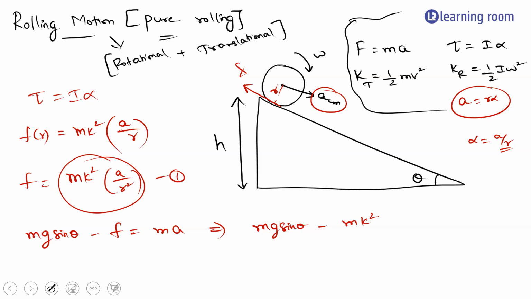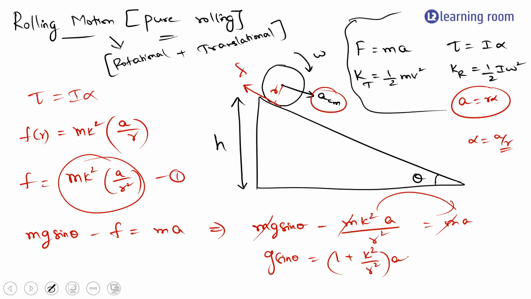It is mk square into a divided by R square, is equal to ma. So F is lost. This I can take to the other side. So g sin theta will be equal to 1 plus k square divided by R square, into a. So a will be equal to g sin theta divided by 1 plus k square divided by R square. So this is going to be the acceleration of any object which is going to have a rolling motion.